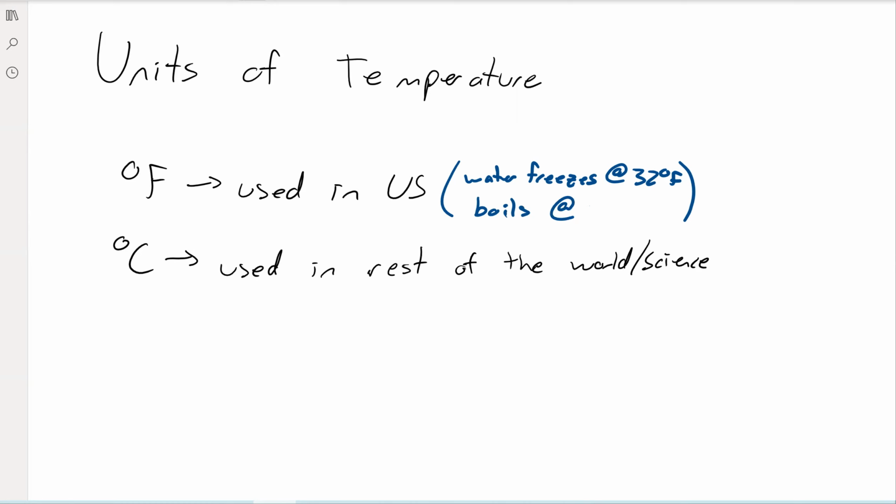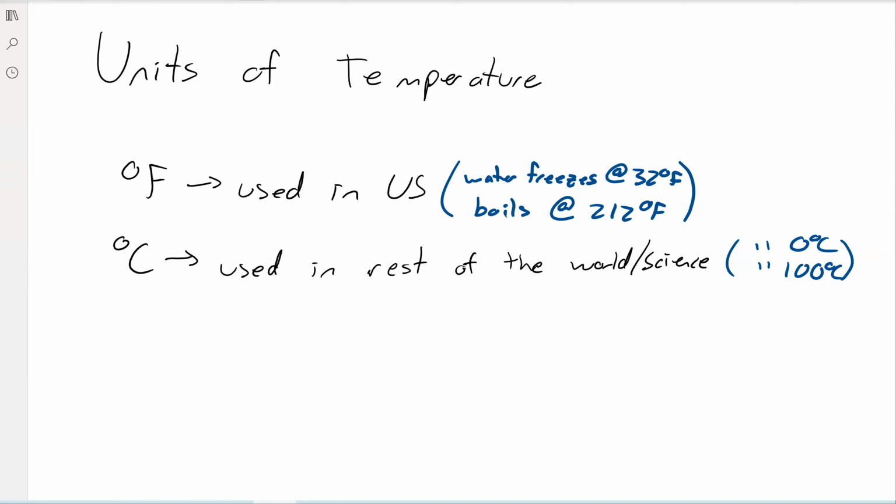It boils at 212 degrees Fahrenheit. A lot of people think water boils at 100 degrees Fahrenheit, right? That's not true. Otherwise, we'd all be dead on a really hot day, but it just sounds like a nice round number. And then the same kind of thing for degrees Celsius. So water freezes at 0 degrees Celsius, and then it boils at 100 degrees Celsius.